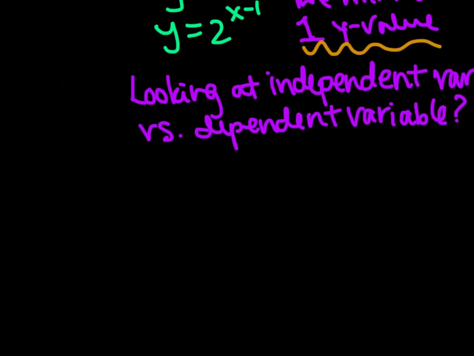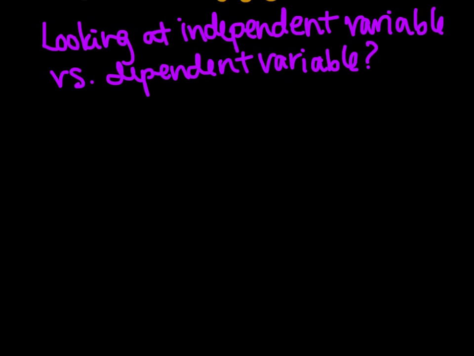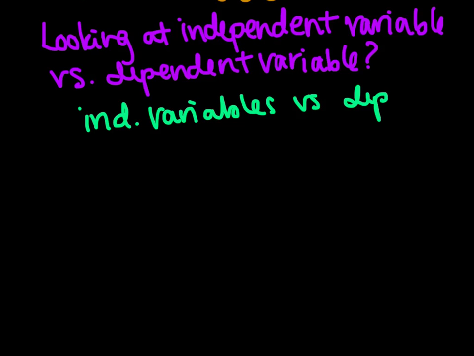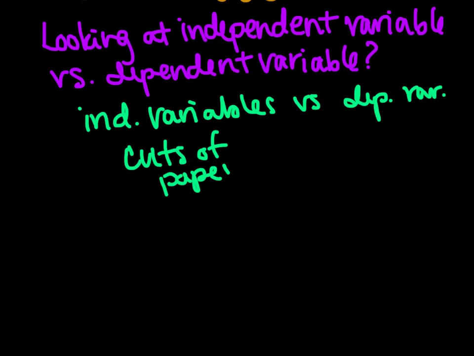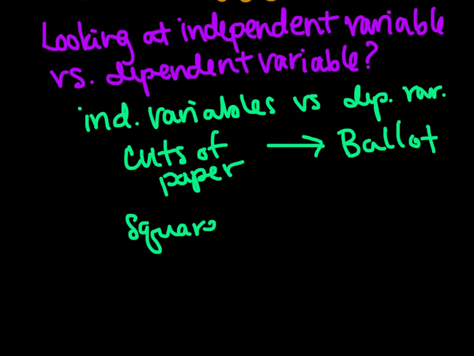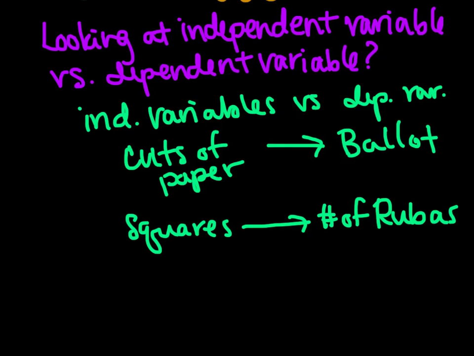If we look at our independent variables versus our dependent variables, we can see that we did cuts of paper, and we'd have the outcome of ballots that were made. We also had squares on a chessboard, and out would come the number of rubas, this made-up currency, that would develop from that.